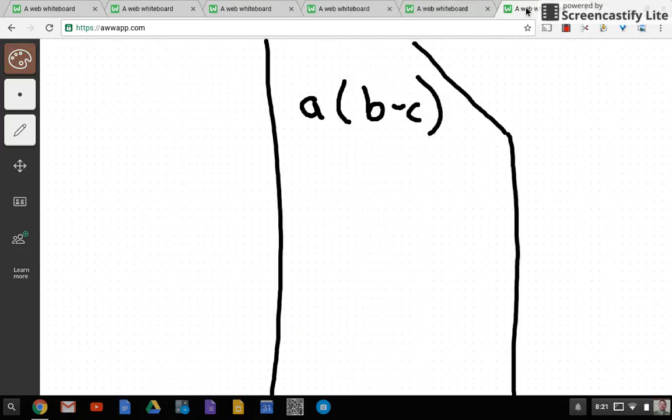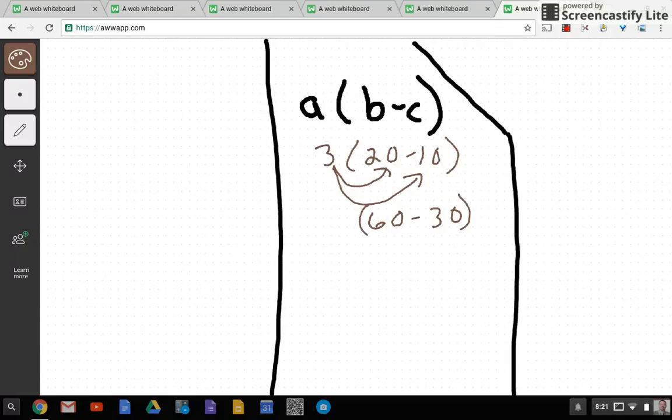Your final flap looks like this. Same story. As long as the operations in the parentheses are add and subtract, it doesn't matter. So this would be 60 minus 30 after I distribute, and I would get 30.